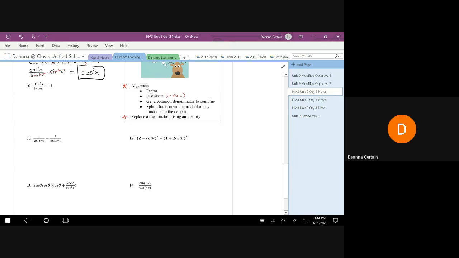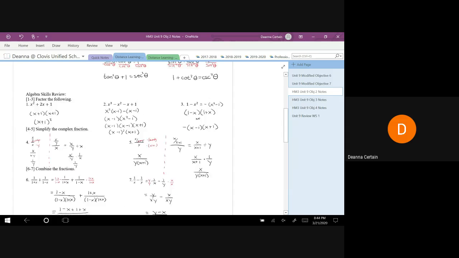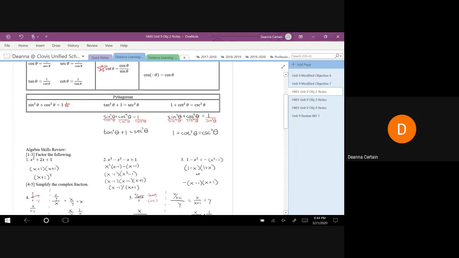For me, when I did this one, I myself substituted 1 minus cosine squared for my sine squared, using, again, this identity right here, our Pythagorean identity, which is that sine squared would be equal to 1 minus cosine squared.